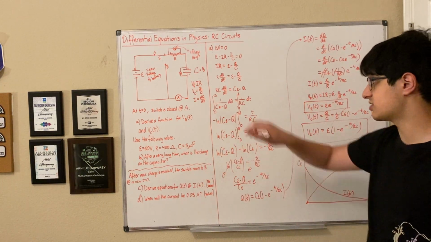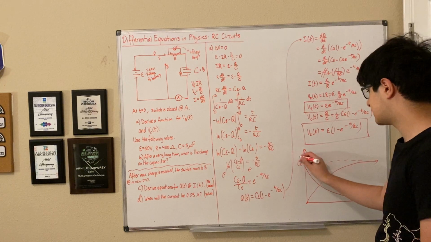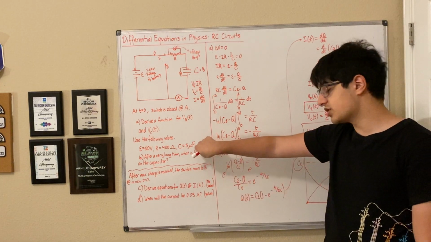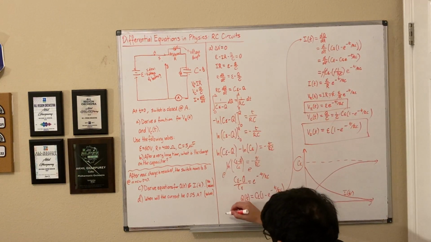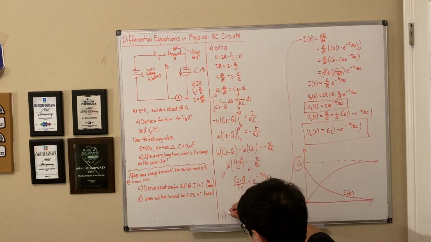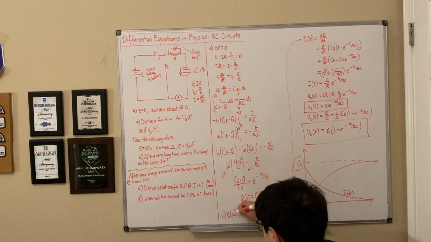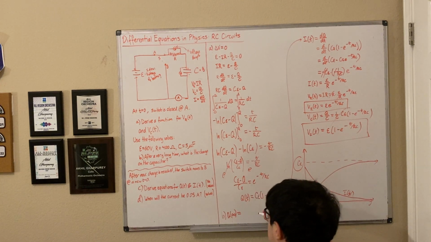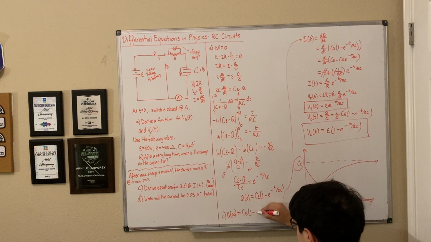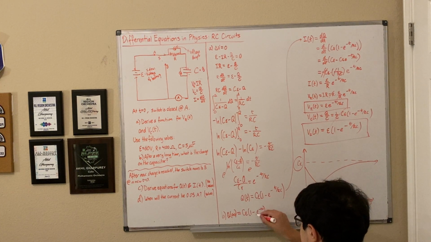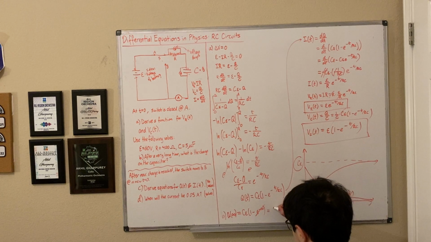The charge in the capacitor after a very long time is C times epsilon, but we're also given values now. So, I'm going to go ahead and just write it in this really small space here. The charge after an infinitely long time is going to be C epsilon times 1 minus e to the negative infinity. E to the negative infinity is 0, so it's going to be C epsilon.